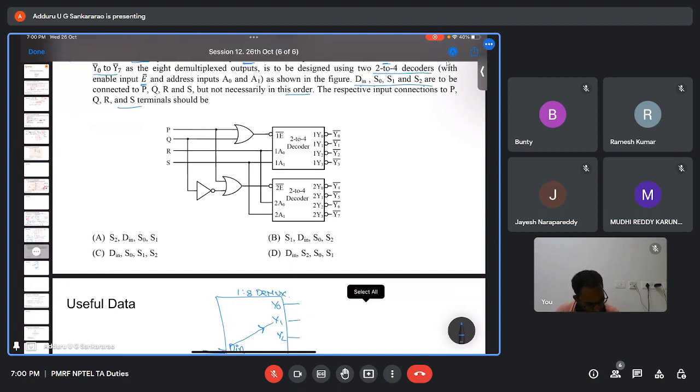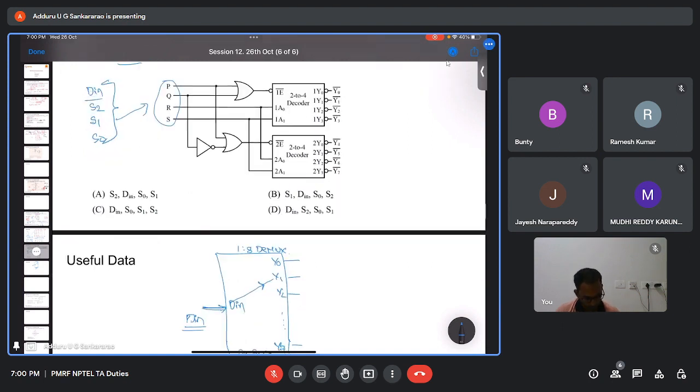Then how do we have to connect PQRS? We need to connect D in, S2, S1, S0, the data input and selection lines, to this such that the entire setup works as a demultiplexer.